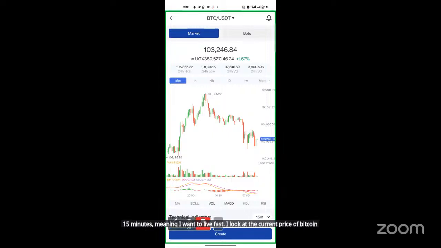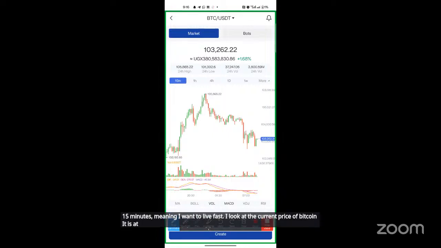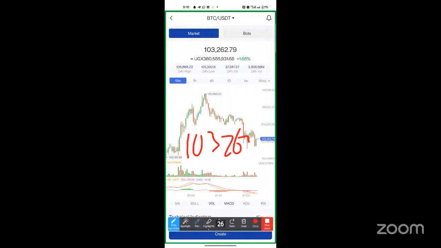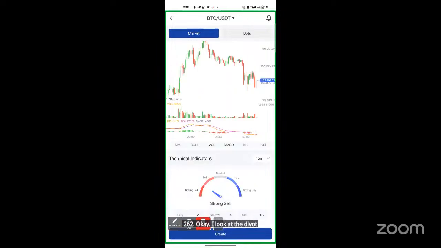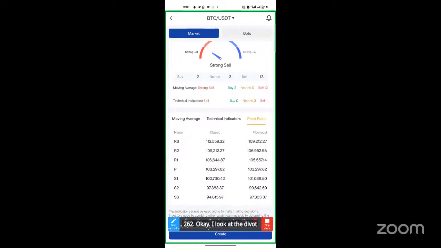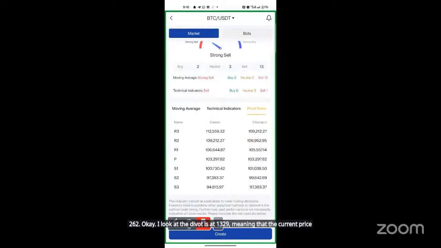It is at 13262. Okay. I look at the pivot, it is at 1329, meaning that the current price is lower than the pivot. There are higher chances of the coin continuing to go down.